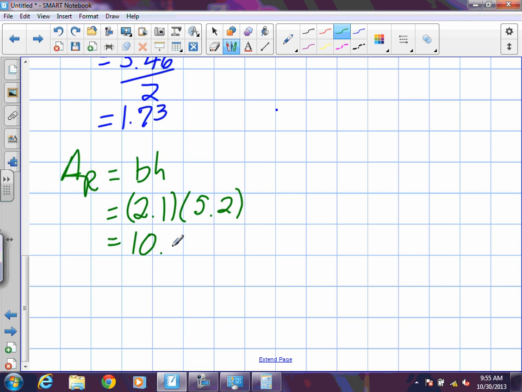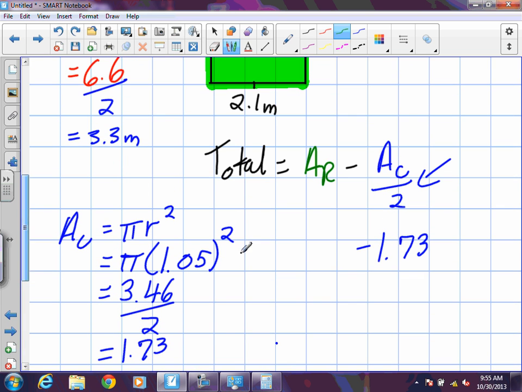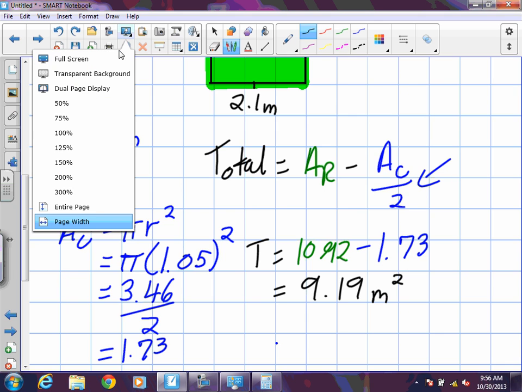Excellent. So that is our area of our rectangle. So our total here is equal to 10.92. Subtract 1.73. 9.19. And this is meters squared because it's area. So we did the area and the perimeter both in this question.